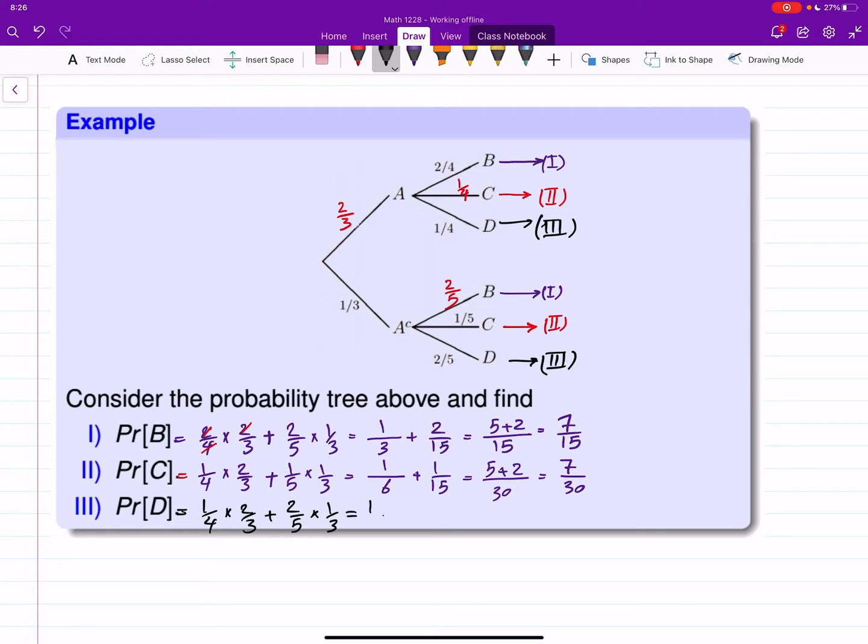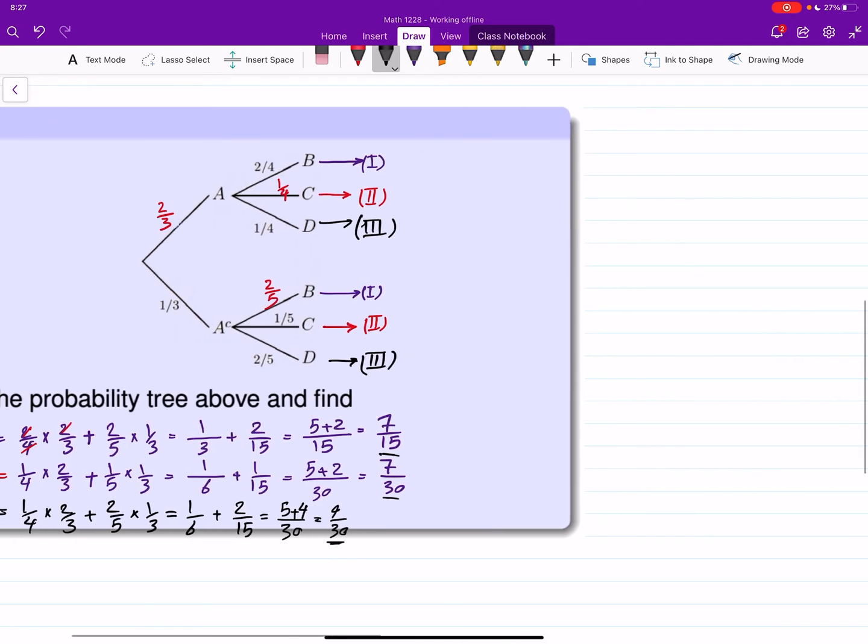This will give us 1 over 6 plus 2 over 15, and with 30 again as the denominator, 5 plus 4, that is 9 over 30. And yes, that makes sense. So this way, using this fact, you may notice that there is more than one path ending at that event, so you have to find the probability of each path and then add them.